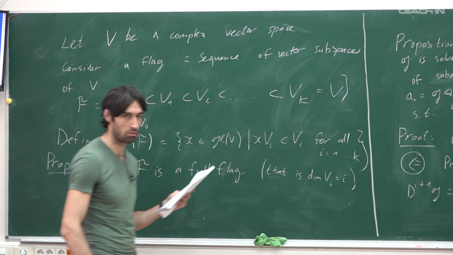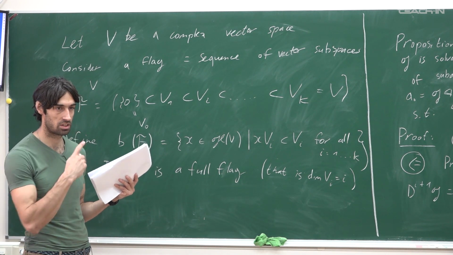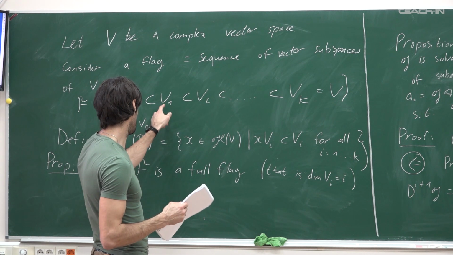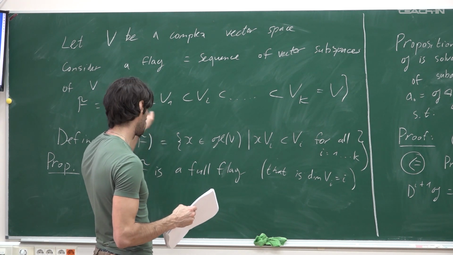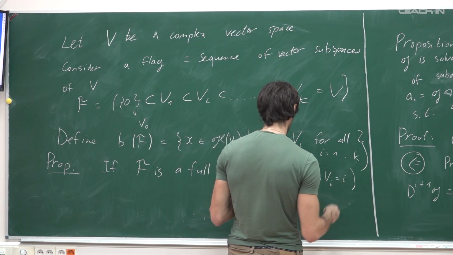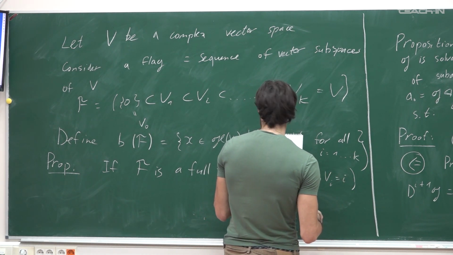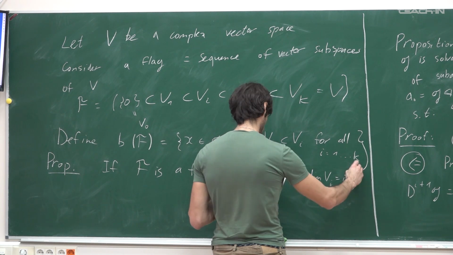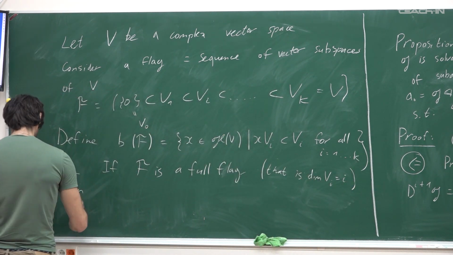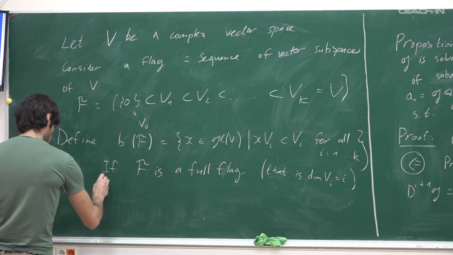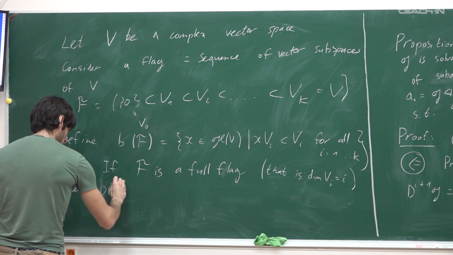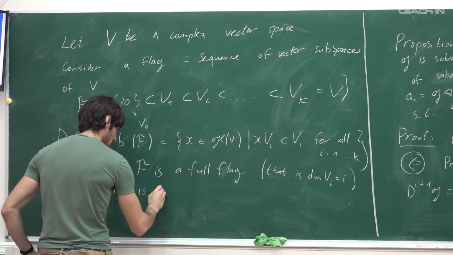In particular, the dimension of V is k. So each time my dimension drops by 1 from V_i to V_{i-1}. Then b(F) is solvable.